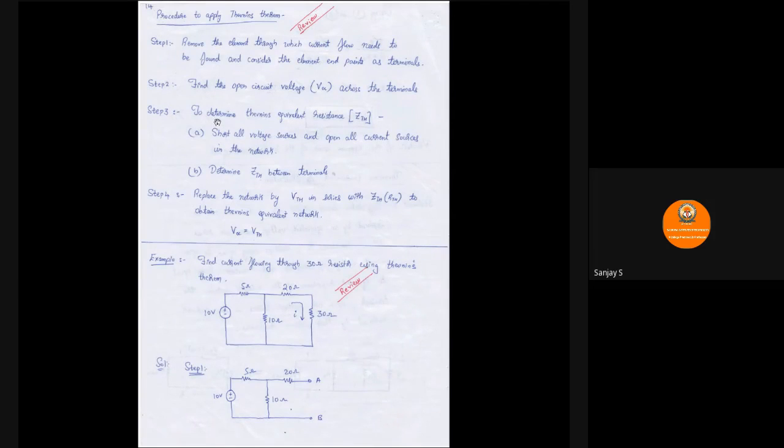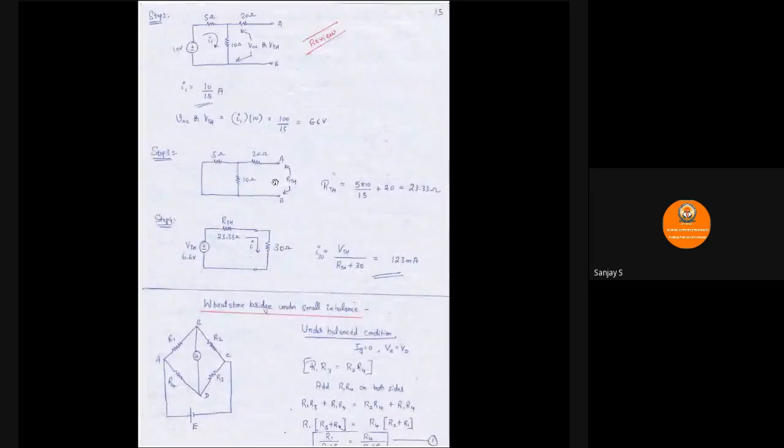Step number 3, we have to find the equivalent Thevenin resistance across the terminals. That means we are supposed to find the equivalent resistance across these terminals. The rule says, short all the voltage sources, open all the current sources in the network. In our network, we only have a voltage source, we don't have a current source. So I have shorted the voltage source.